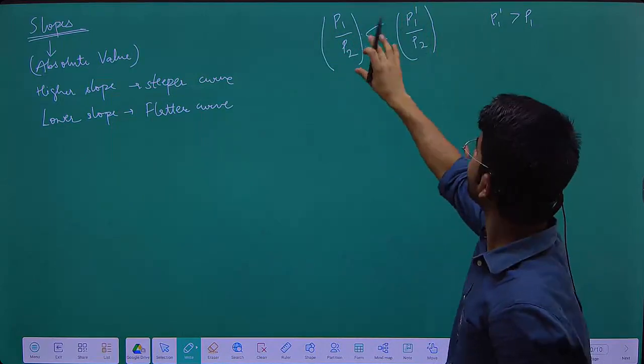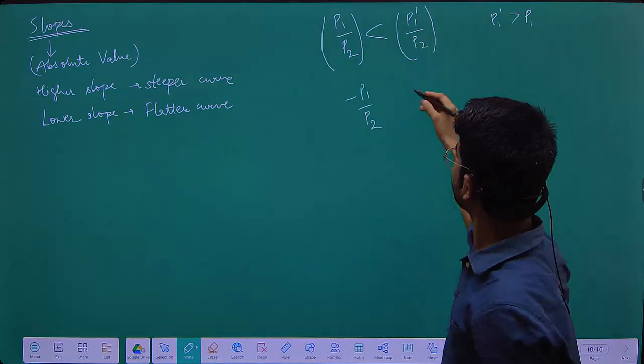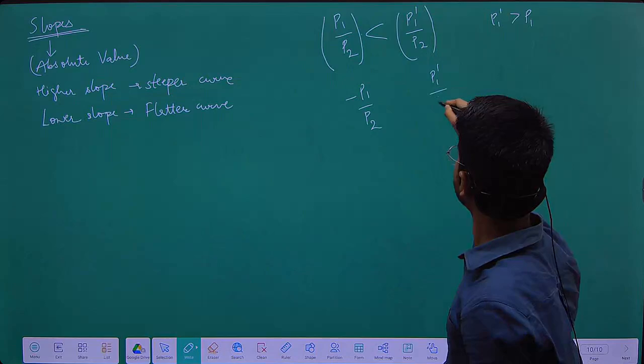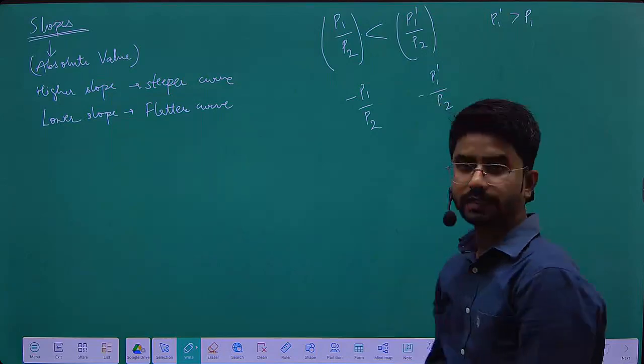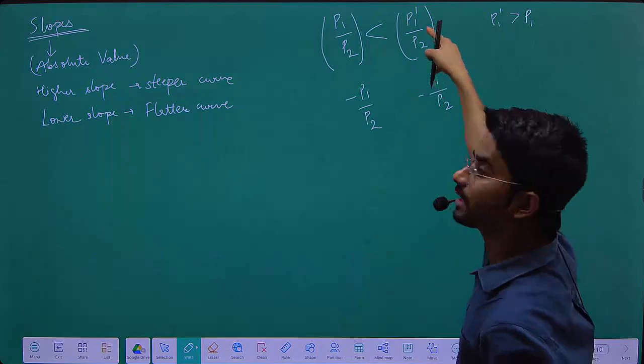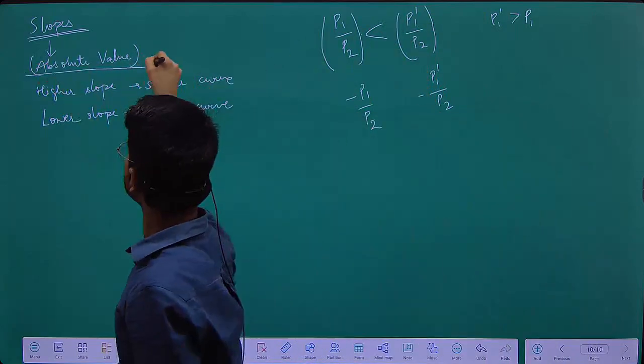In that case, you can say, if we talk about the slopes, P1 upon P2 in negative and P1 dash upon P2 in negative, the slope is higher in this case. Okay, we are only checking for the absolute values.